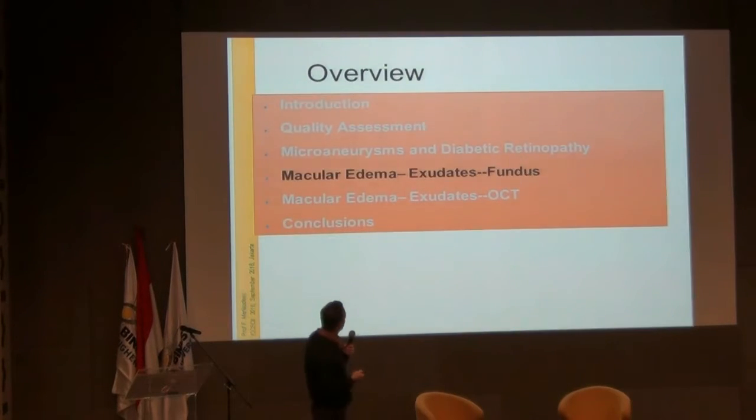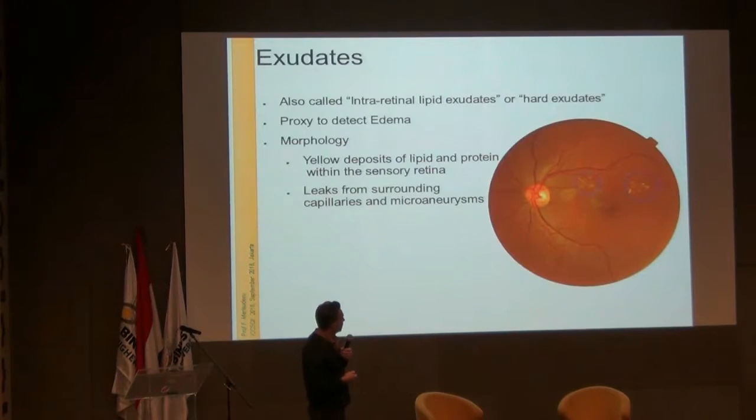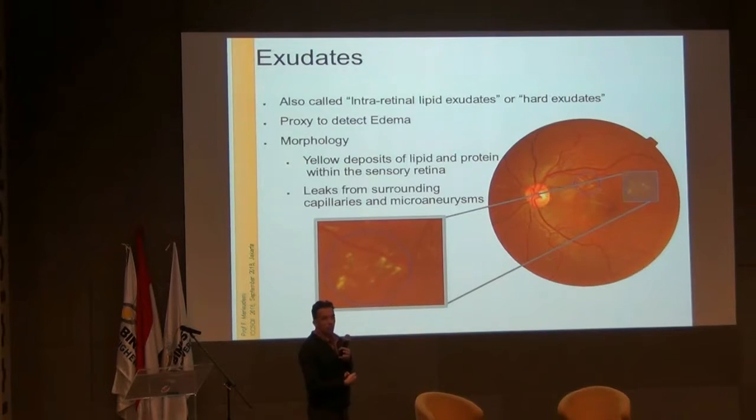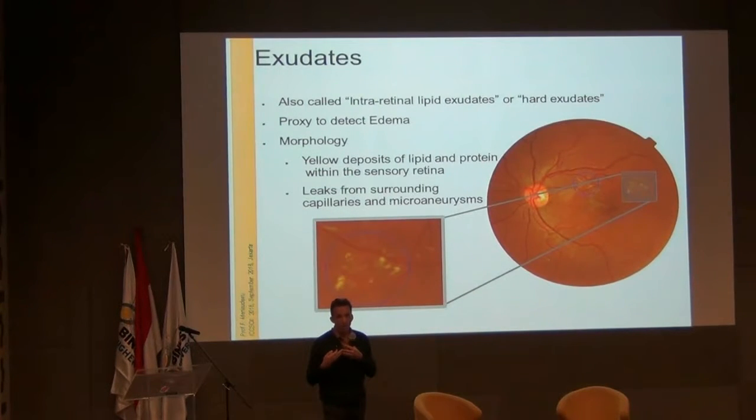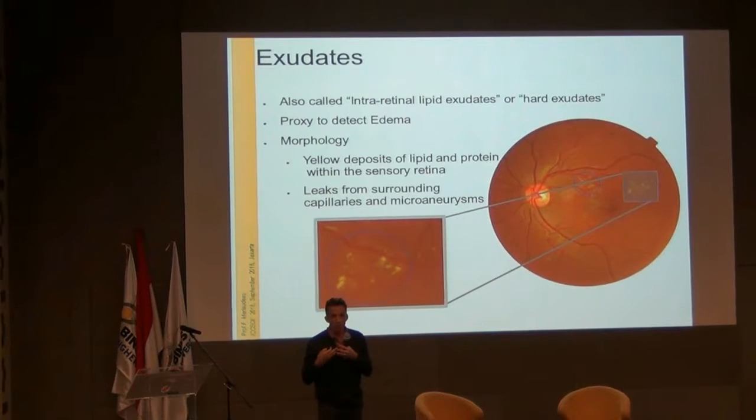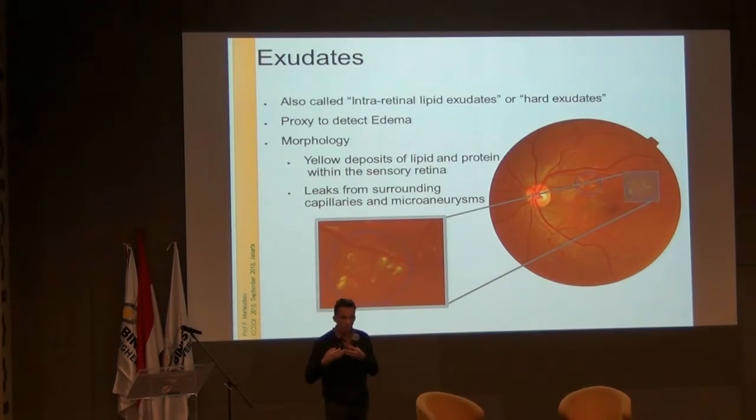Then we move to macular edema. Same principle. This time you want to find exudates in fundus images. So you use the information from the color. There is no specific shape, but there is a specific texture which is different from the rest of the eye. So we use information about the edges, texture, as well as the color.